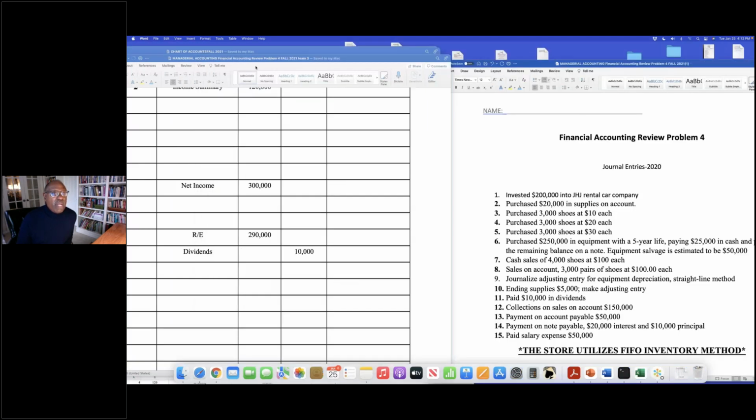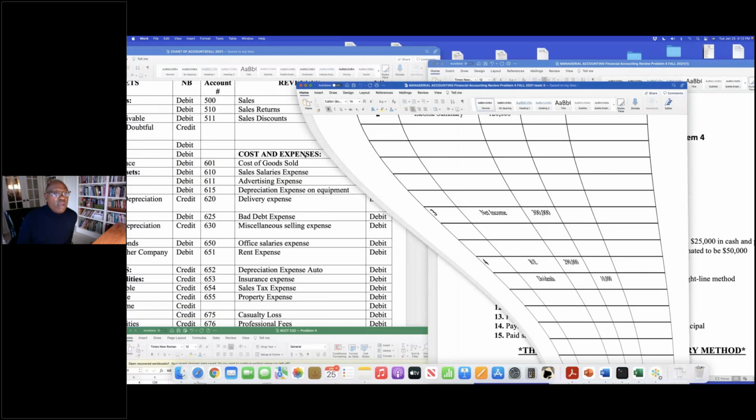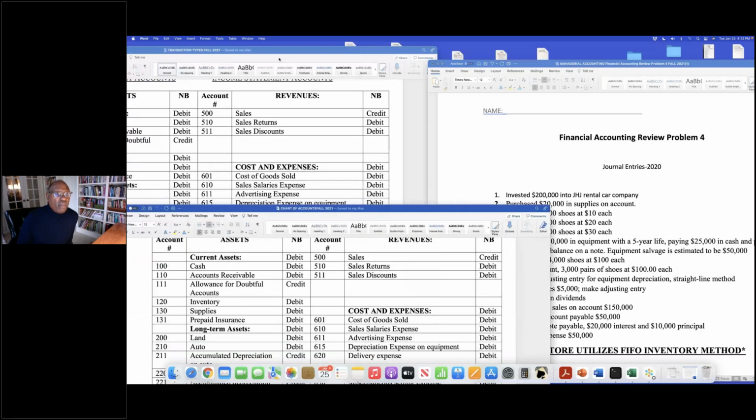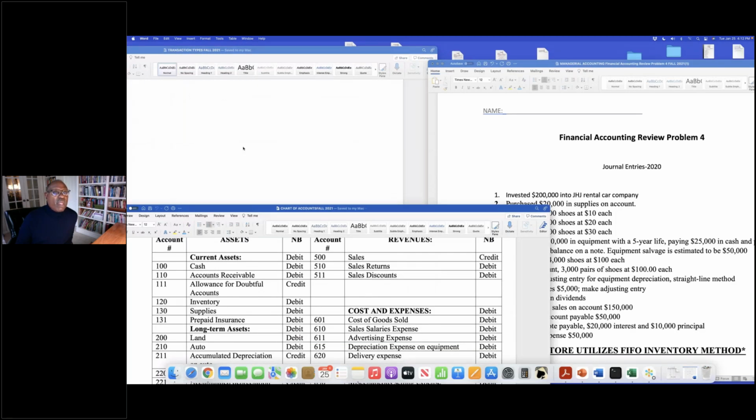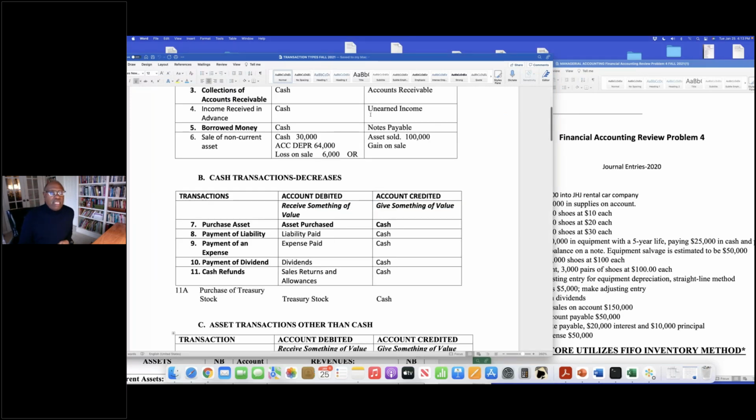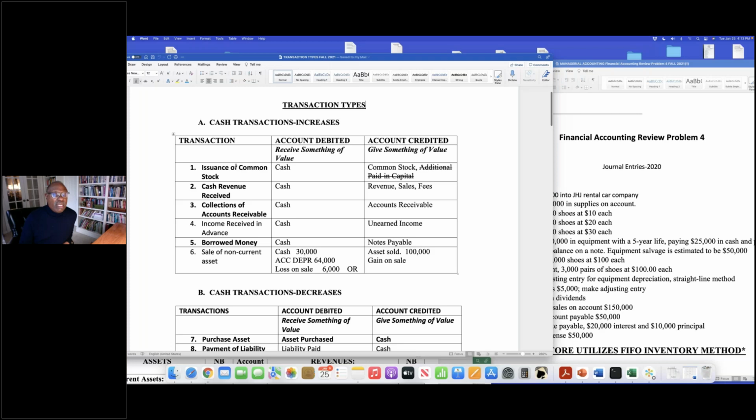What we said was, whenever we're making journal entries, there are a couple of things we look at. First, we look at this chart of accounts to get our transaction types. Typically, when we start a company, we're issuing stock. That's how you start a company. You have to put cash in the bank, so we debit cash and credit common stock.